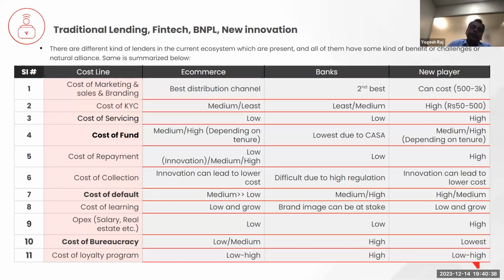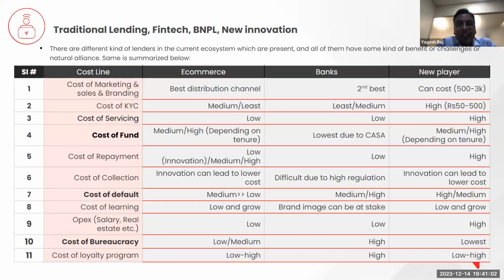For Ola, the cost of marketing was almost zero. Whoever was coming to take a cab, Ola was in a way selling loans to those customers as well, so they do not have to put in additional money for acquisition. When I say distribution channel, it's nothing but where you are acquiring the customer from.